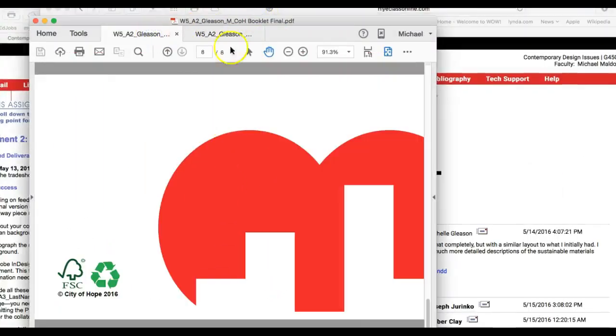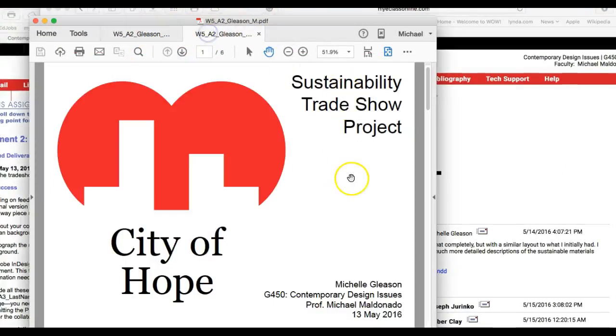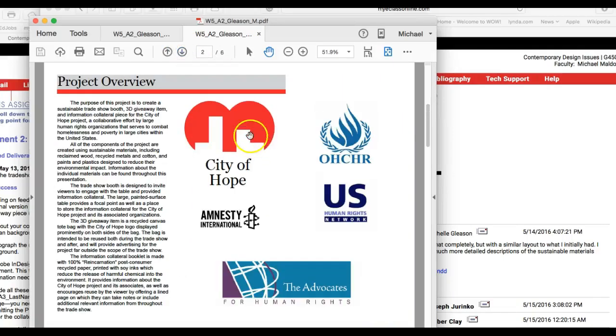So I got both the booklet and your trade show project. This thing really came together in a very nice way, especially in the last few days. I don't know if our conversation had an impact, but I certainly hope so, because this really is kicking serious butt here. So good job.